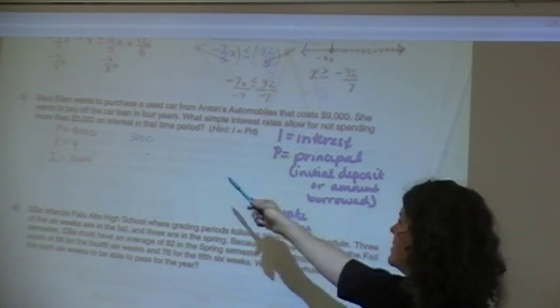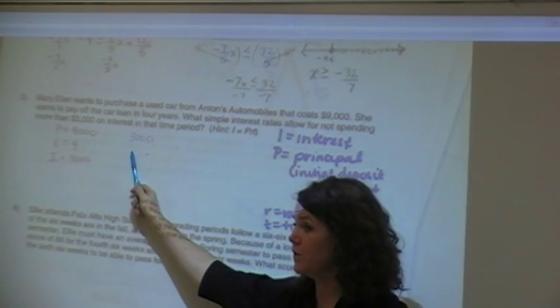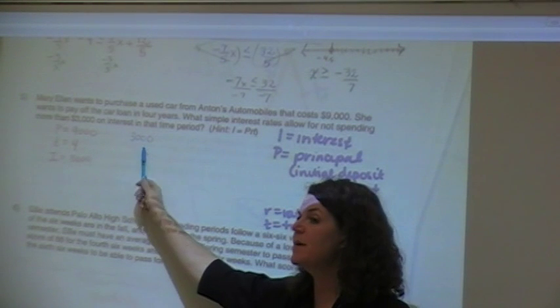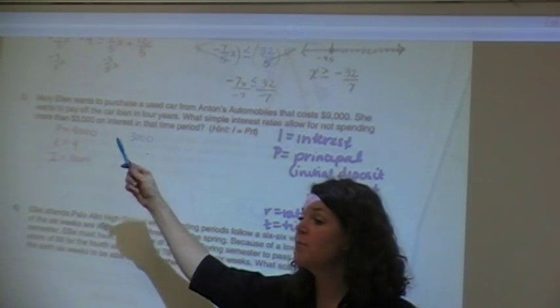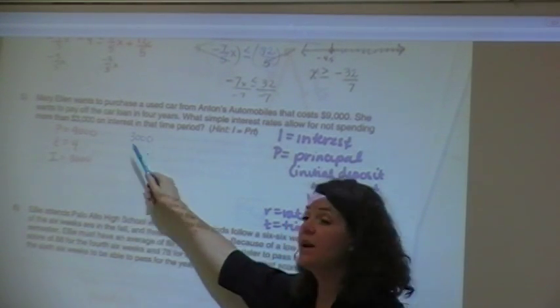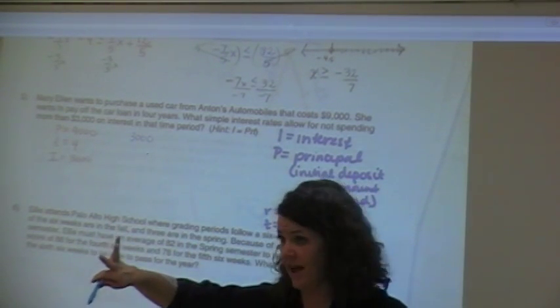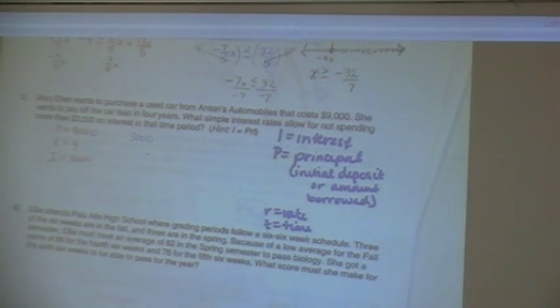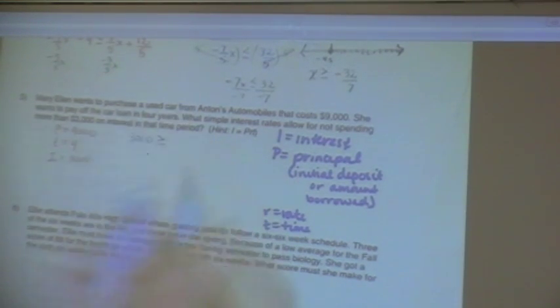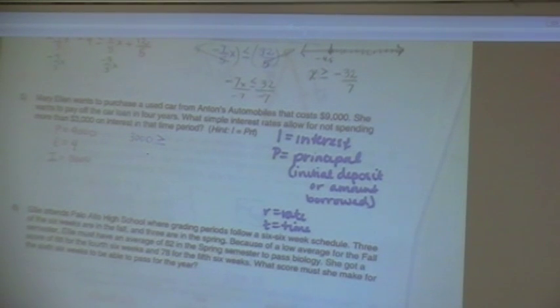Because of the way this is written, I wrote interest first. So, is this supposed to be the biggest number or the smallest number we come up with? It's supposed to be the biggest. We don't want to spend any more than 3,000. So we want 3,000 to be the biggest number on the page. So it should be greater than or equal to, because we want 3,000 to be the biggest.